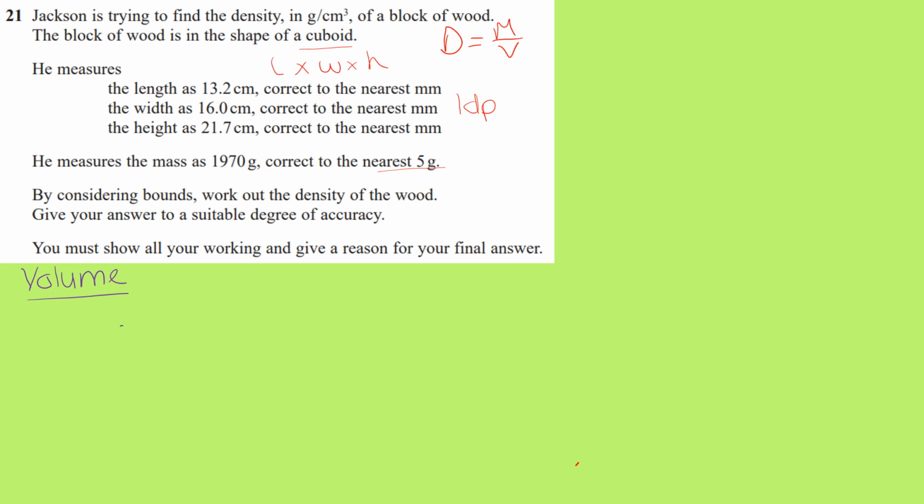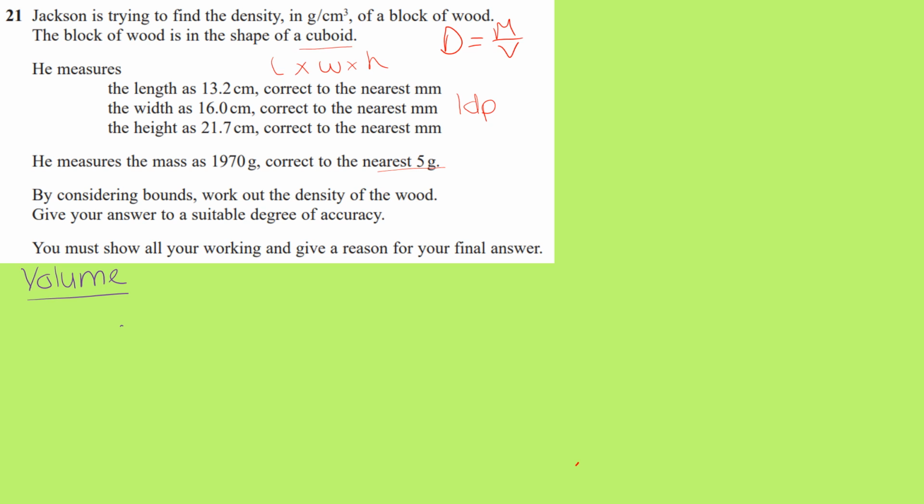We cannot just plug 13.2 times 16 times 21.7 into our calculator and then do the bounds. We've got to work out the bounds for each first, because there's a wide variation between what I would get if I multiplied those three together and then did my bounds, and what would actually be the values if I calculated with the bounds in the first place. It's a much bigger error interval.